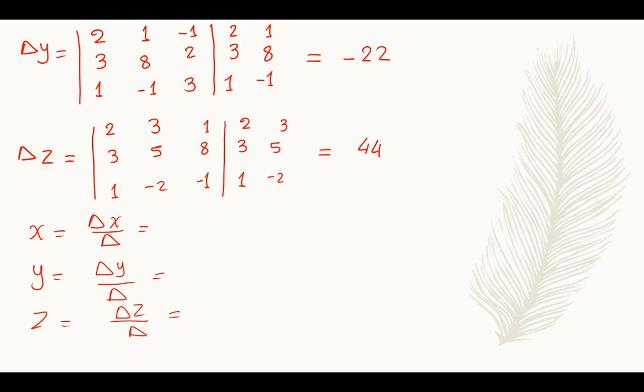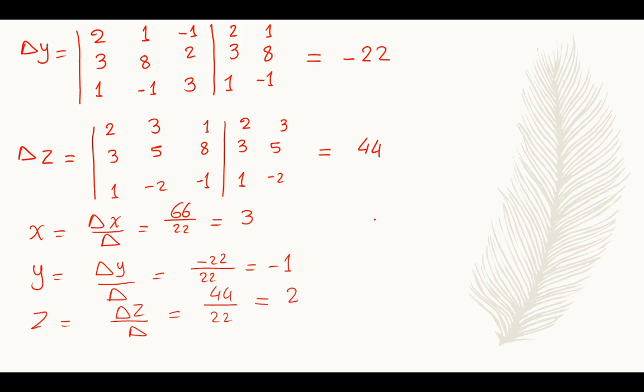Delta x equals 66 and delta equals 22, so x will be equal to 3. Delta y equals negative 22 divided by delta, which is 22, so y will be equal to negative 1. Delta z over delta is 44 divided by 22, and this is equal to 2.